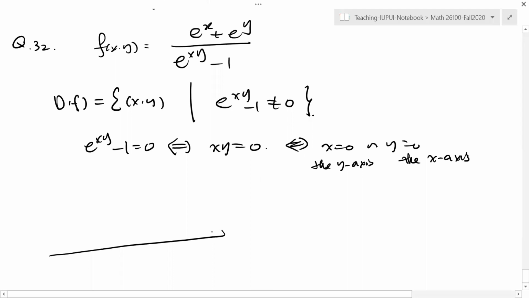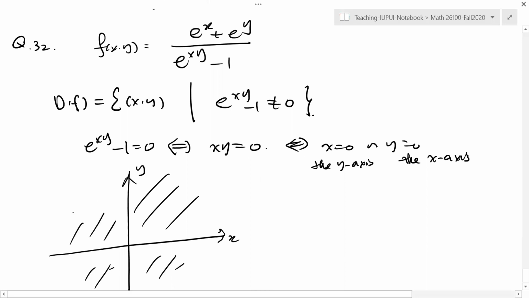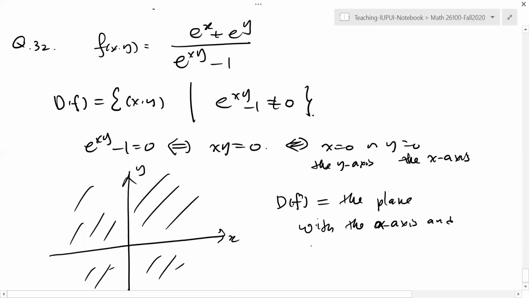So now I have a pretty good idea. The domain consists of 4 regions away from the axes. So the domain D_f is going to be the plane with the x-axis and the y-axis deleted.